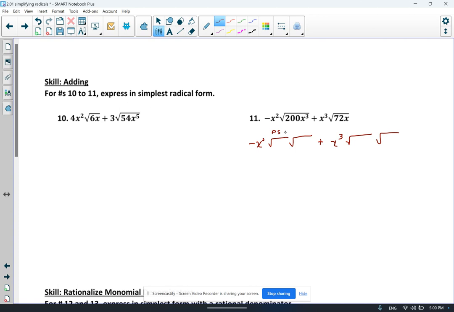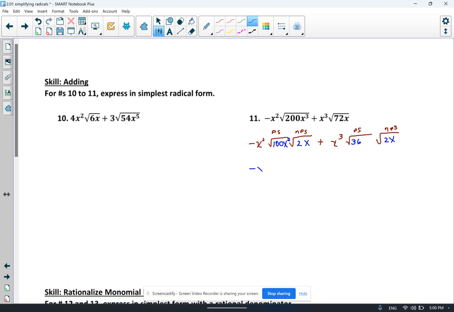Again, I think it's helpful to write this notation on top because it just helps keep you organized. So square root of 200 can be written as 100 times 2. X cubed could be written as x squared and x. 72 could be written as 36 times 2. And you can simplify x, so we're going to put it in the non-perfect square. Can't make that into a perfect square.